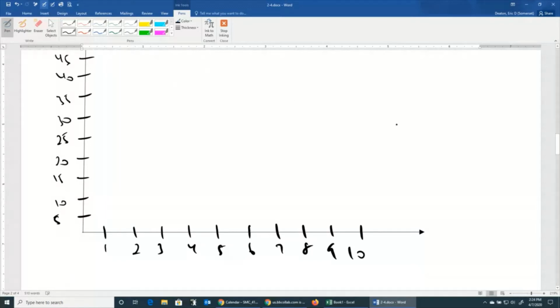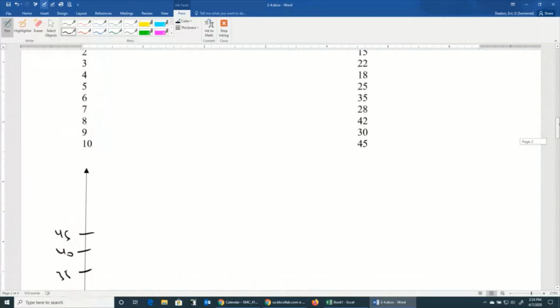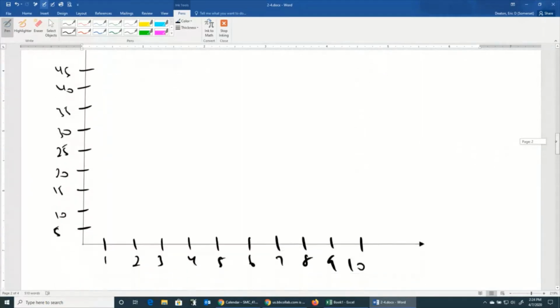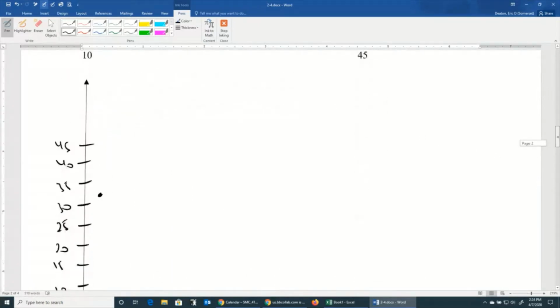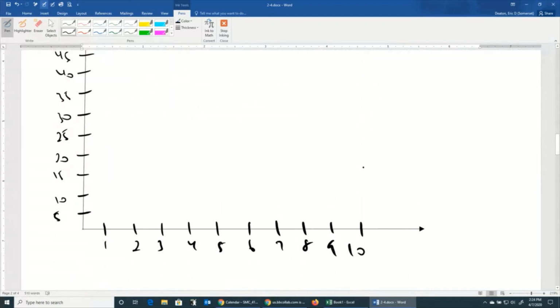Now we're just going to plot points. 1 goes up to 10, so I'll put a dot there. 2 goes up to 15. I don't like the fact that the dot's moving.